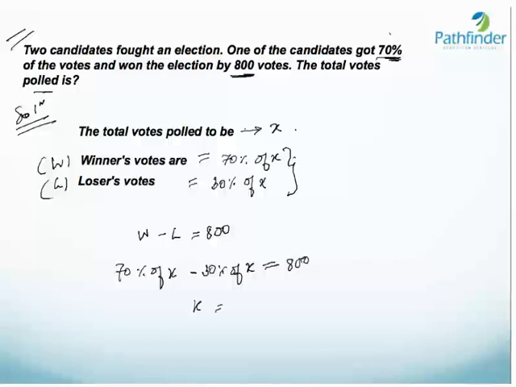And if you solve this equation, x is equal to 2000. So the total votes polled in this case is equal to 2000.